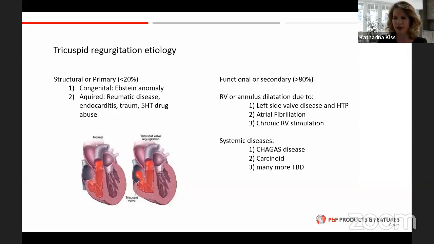So these typically are patients with left side valve disease, atrial fibrillation, chronic right ventricular stimulation, pacemaker leads, but more and more we are also targeting systemic diseases such as Chagas disease, carcinoid, and many other more to be determined. Just to touch shortly on structural or primary, these are not main targets for minimal invasive technologies. This is mainly Epstein as well as rheumatic disease, endocarditis, or post-drug abuse.